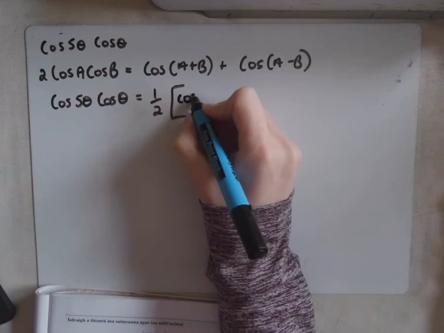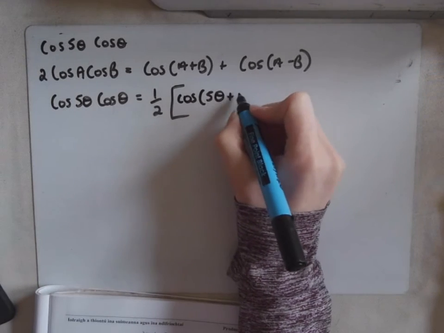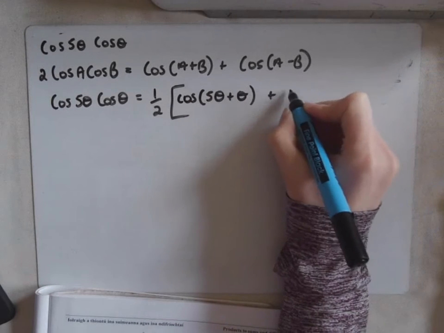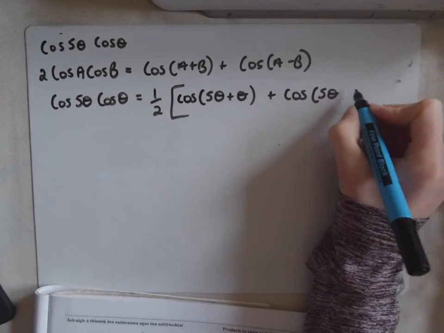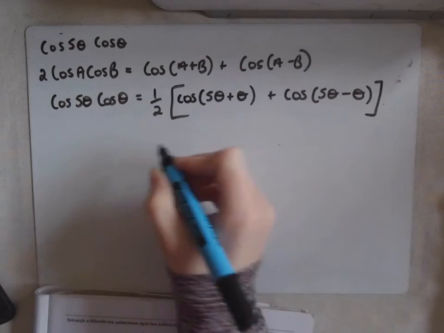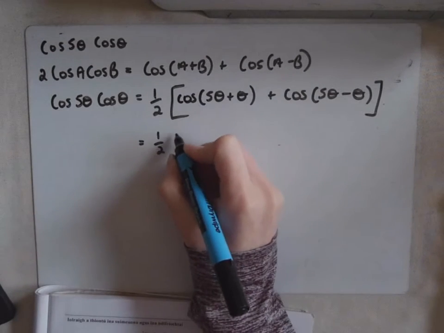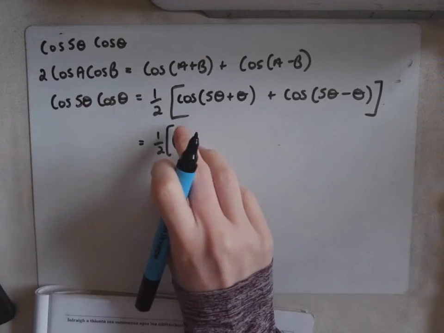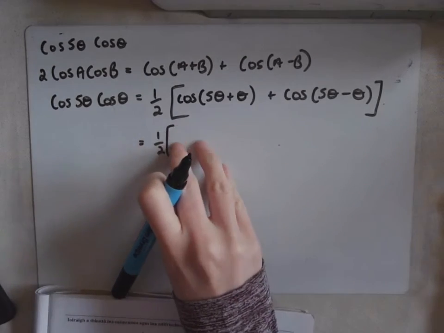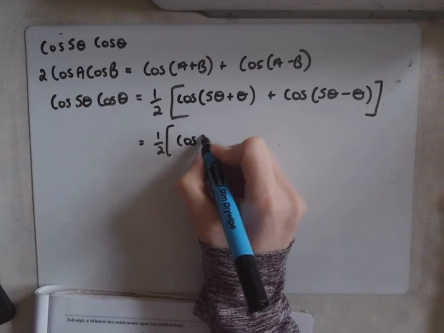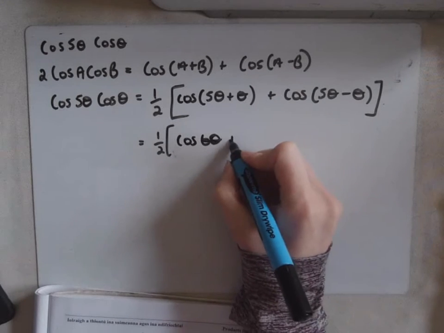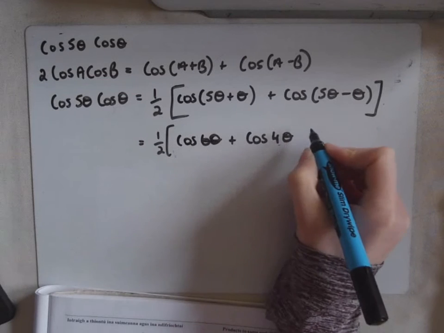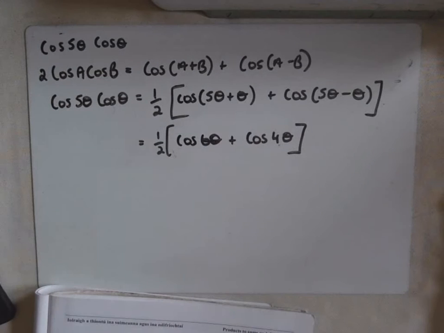And now cos A plus B, cos A minus B. And just tidy it up. So I have cos of 6 theta plus cos of 4 theta. That's my answer.